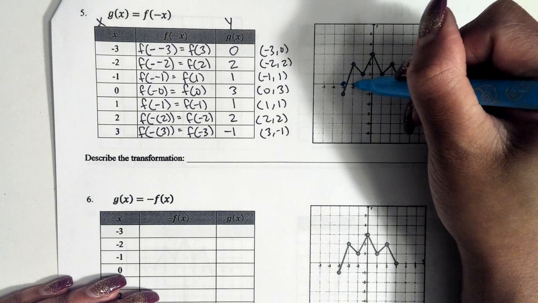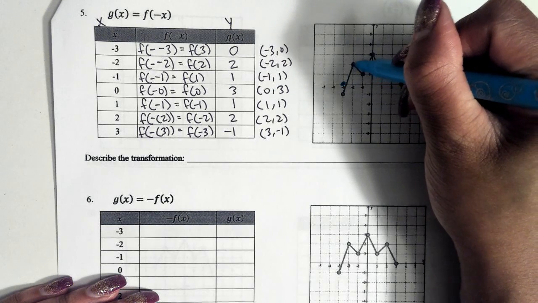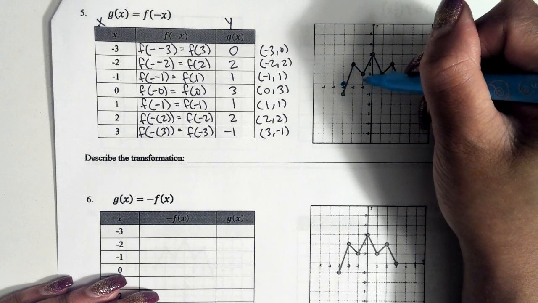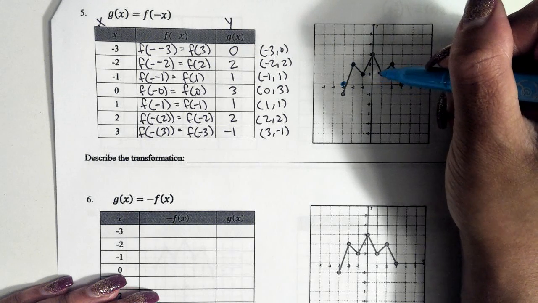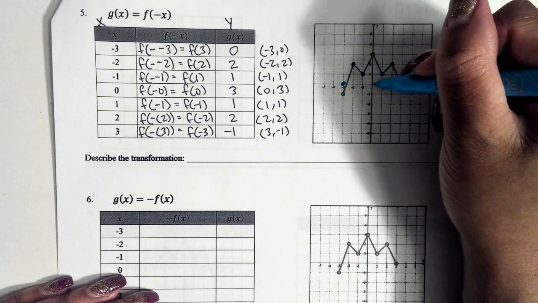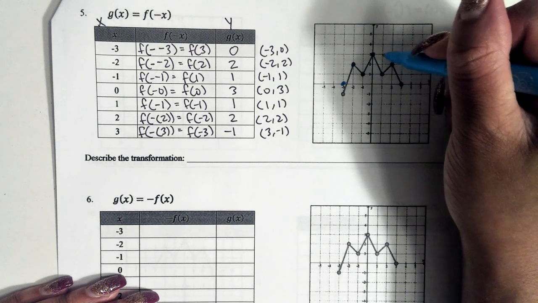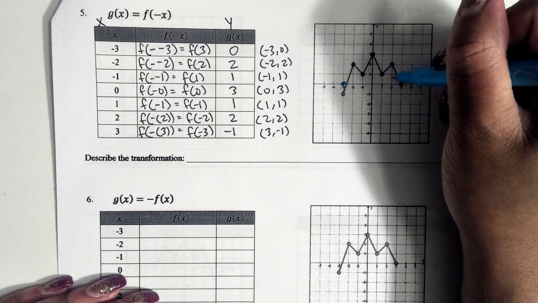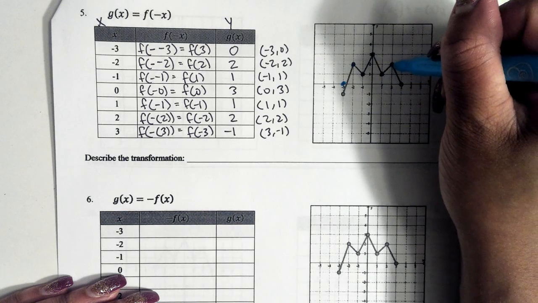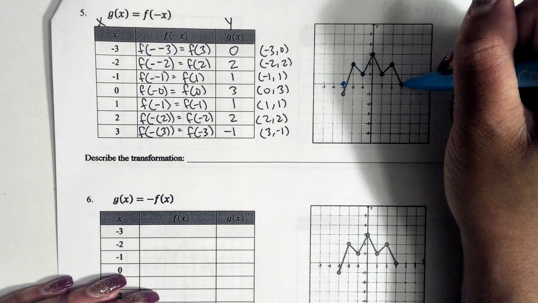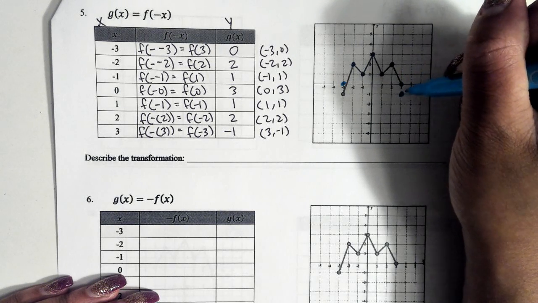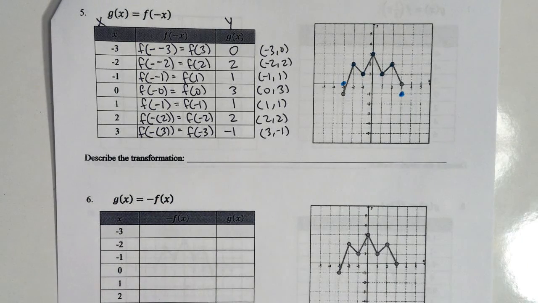Then we have negative 2, 2. We have negative 1, 1. Then we have 0, 3. Then we have 1, 1. Negative 2, 2. Then we have 3, negative 1. Okay, so there.